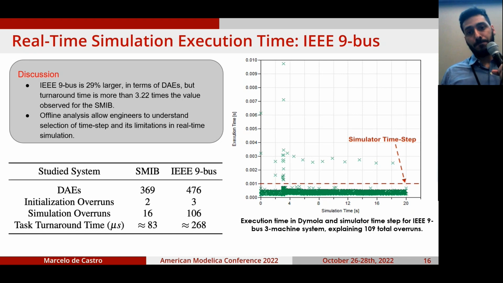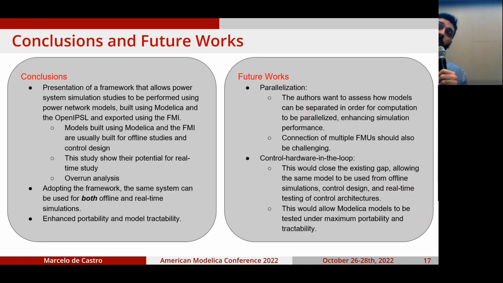This is something interesting, and we want to take a look at that in future work. But for the conclusions, we presented a framework that allows power system simulation studies to be conducted from offline simulation to real-time simulation with minimal modification and no re-implementation at all.